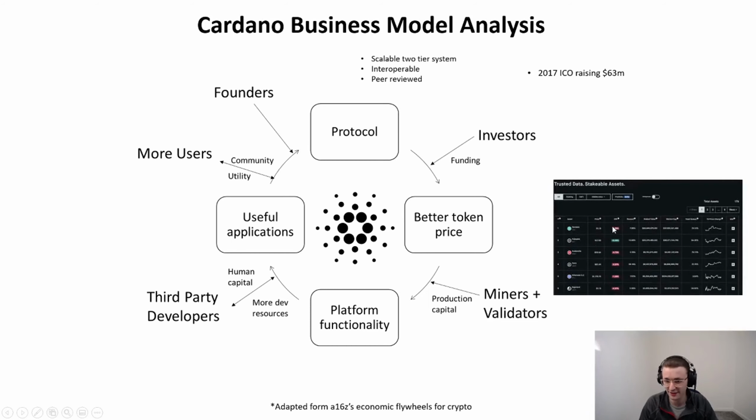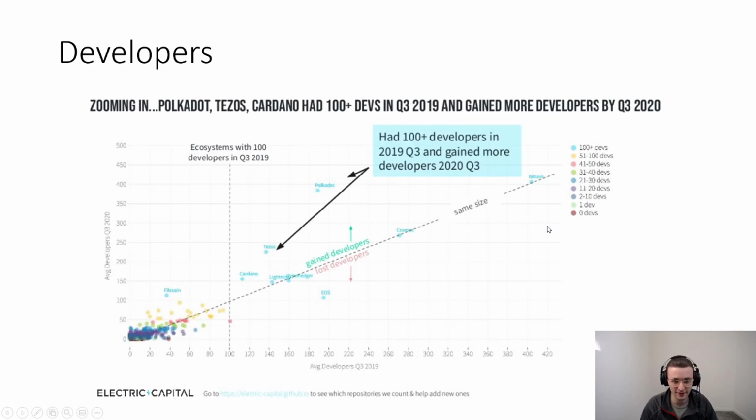So miners and validators, we're looking good for miners and validators. I'll come back to whether that's been growing in a second. Yes, I believe it's on this slide. In terms of developers, Cardano had 100 devs in 2019 and gained more developers by 2020. We're looking at Q3 to Q3.